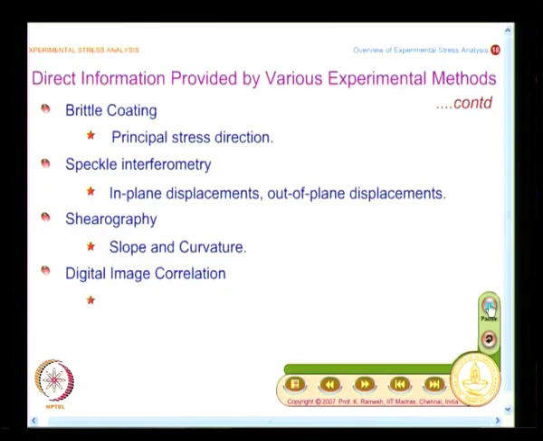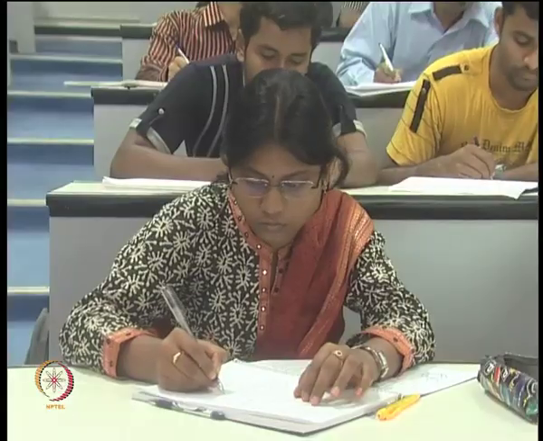Then the next technique you have, which is of very recent origin, about 10 years old, is digital image correlation, and this again gives in-plane displacement and out-of-plane displacements. You may also wonder, I do not have one experimental technique which gives only in-plane displacements.